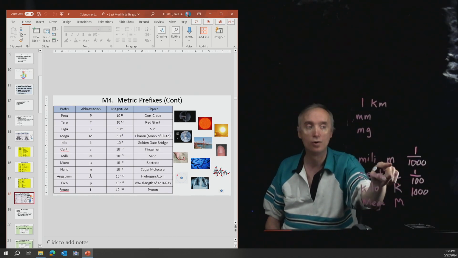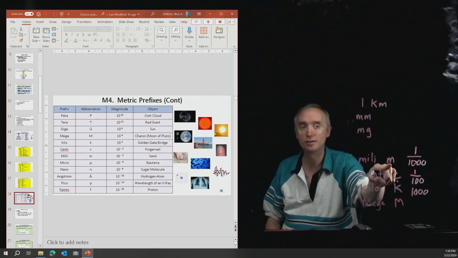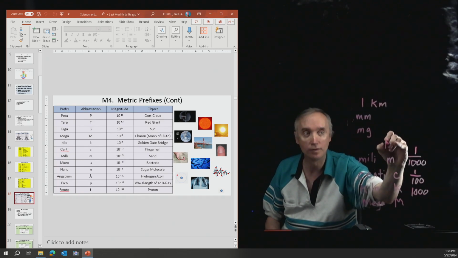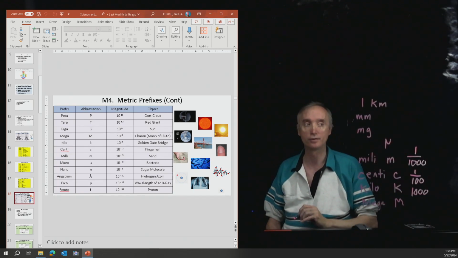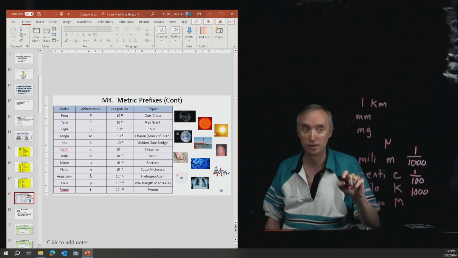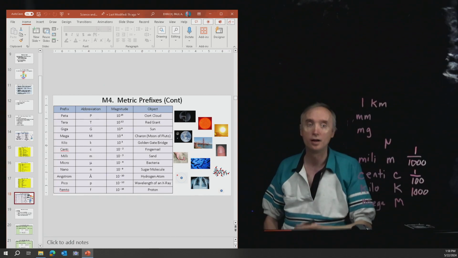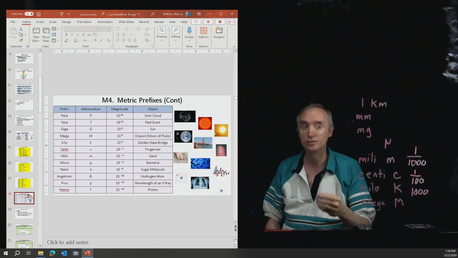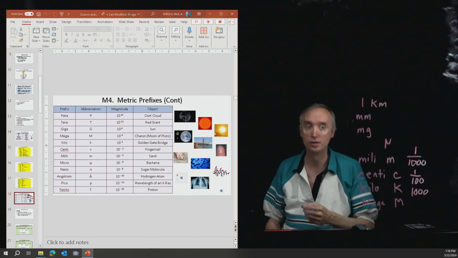If you go 1,000 times smaller than a milli, then that's going to be a micro. Its abbreviation is going to be one of these things. That's a Greek letter, and it means 1/millionth of something. So I have up here a list of the different metric prefixes, and then in terms of meters, just how big or how small they are.